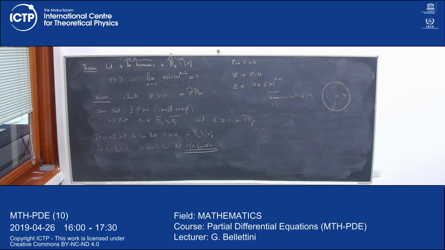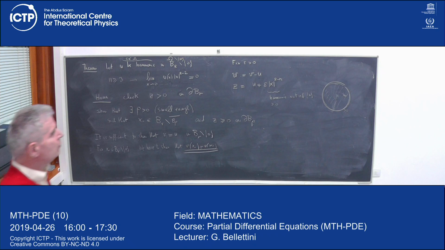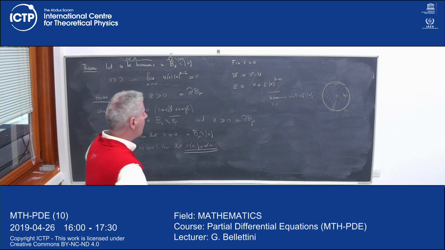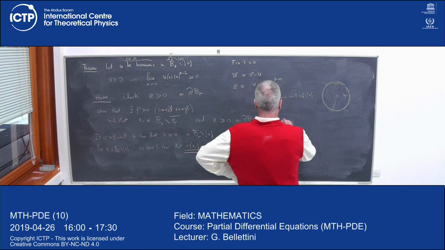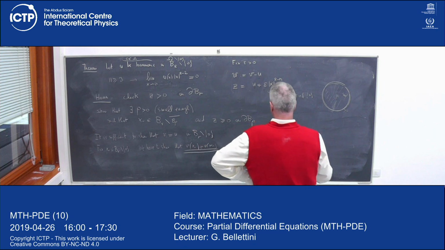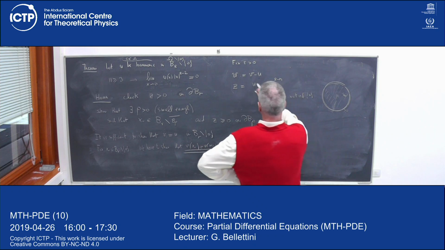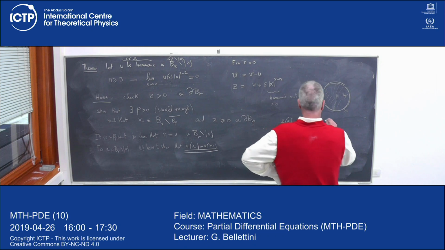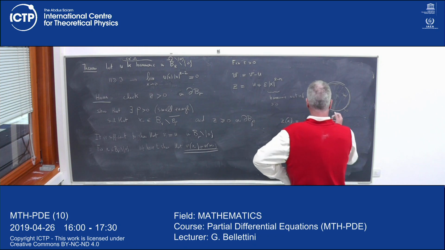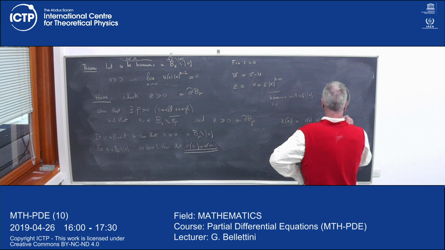The idea for doing this is as follows. You can write z of x, this is equal to this minus this: v of x minus u of x plus epsilon x to the 2 minus n.